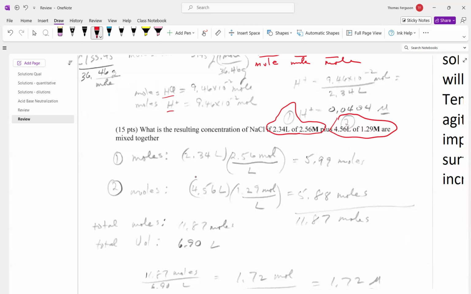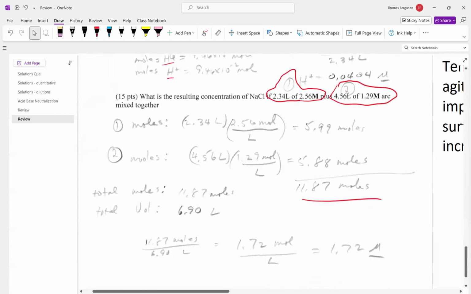Solution two, we want moles, again, volume times concentration, totaling 11.87 moles total. And what's the final volume? Final volume is going to be 2.34 plus 4.56, which is 6.90.